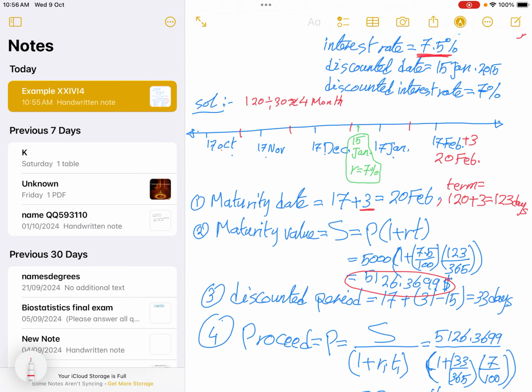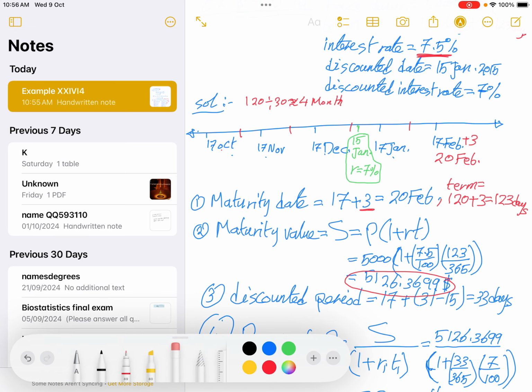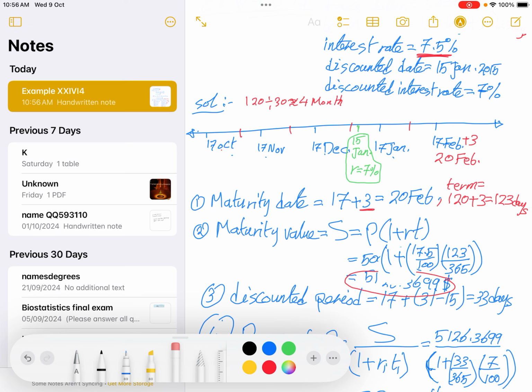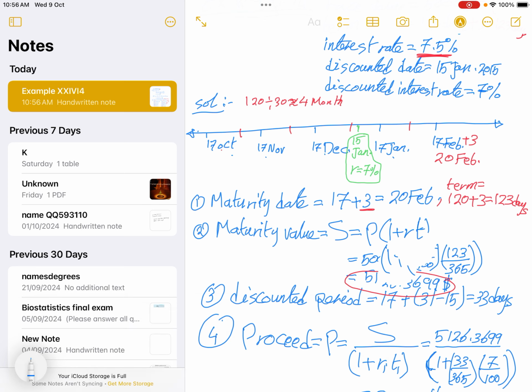S is B multiplied by 1 plus RT: 5,000 multiplied by 1 plus 7.5 over 100 multiplied by T. You will have the value 5,126.3699.